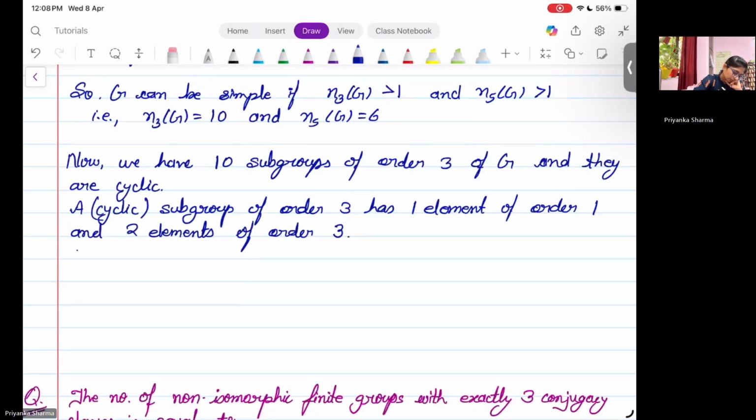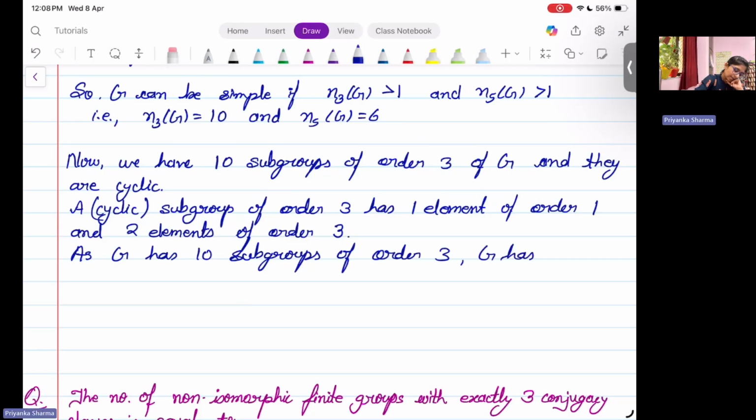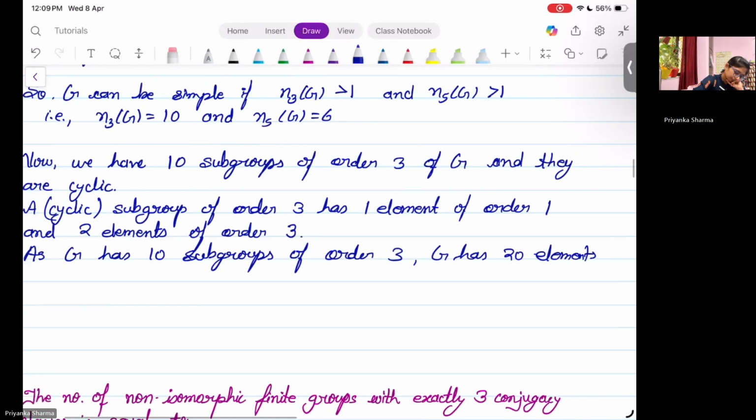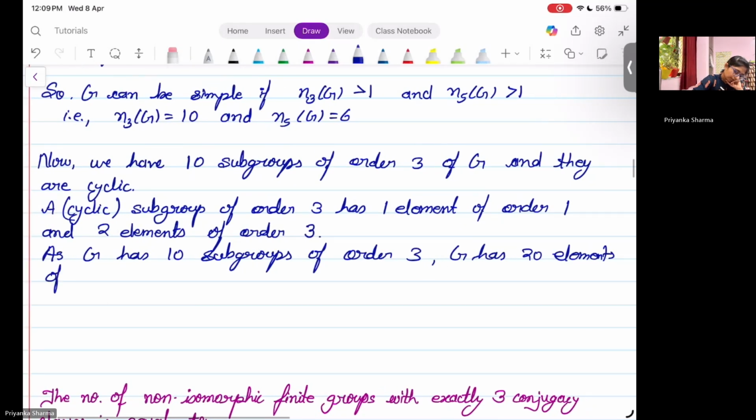So as G has 10 subgroups of order 3, G has 20 elements of order 3.